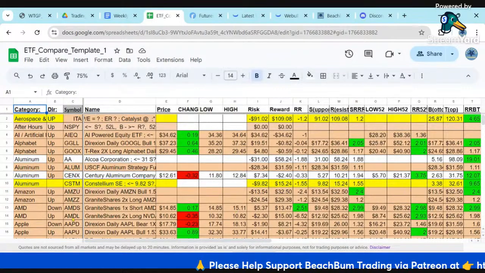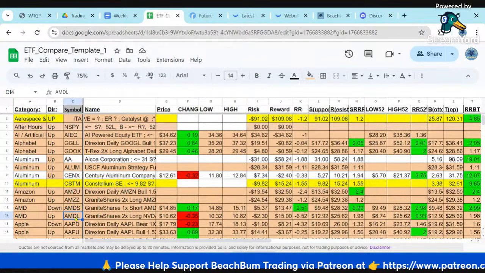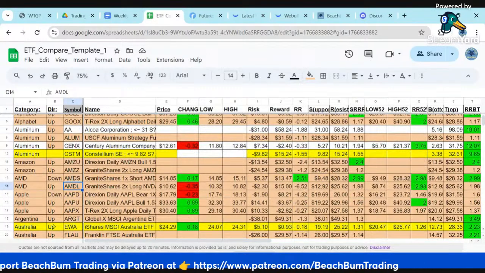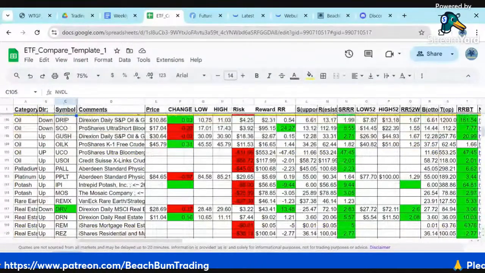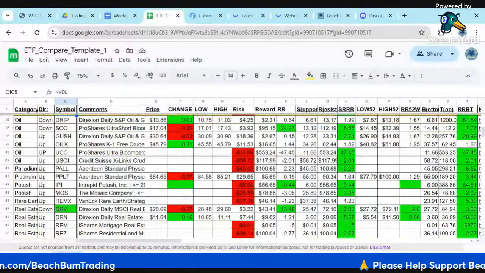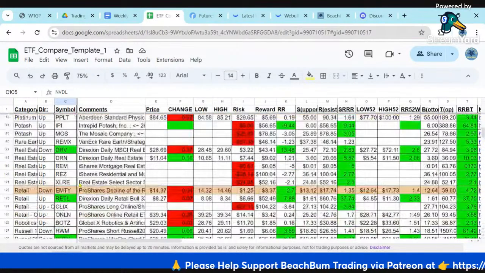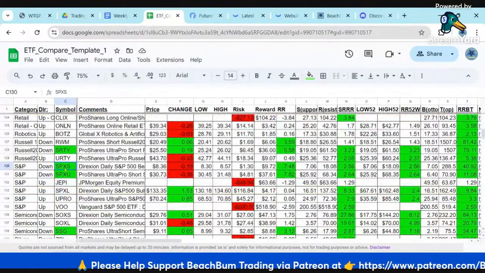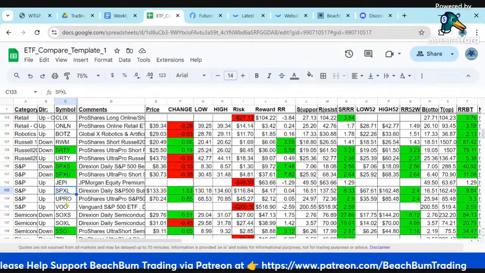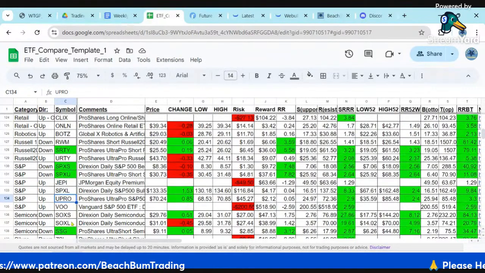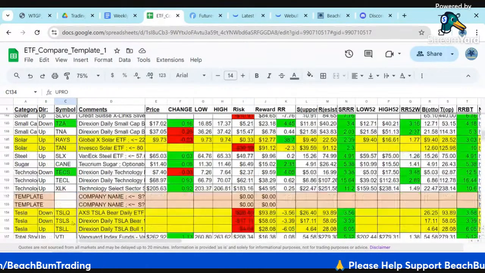We'll have a number of single stock ETFs, so you can long or short Apple, AMD, etc., various other countries, etc. So you can find the direction that you want to trade and the amount of leverage you want to use, and find an ETF to trade accordingly. Again, we have ETFs, leveraged or not, to trade all the indices, long or short, Russell, S&P, semiconductors, etc., commodities.